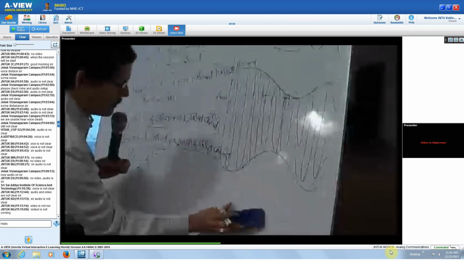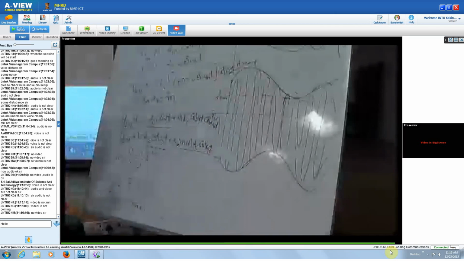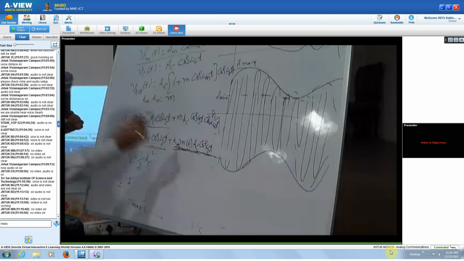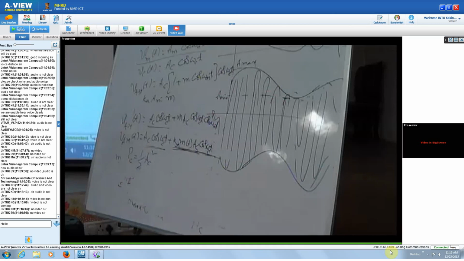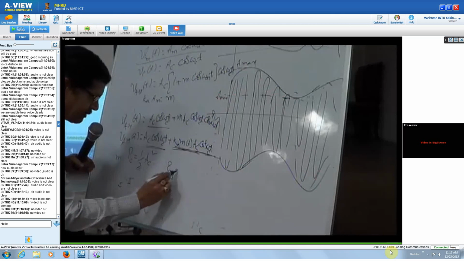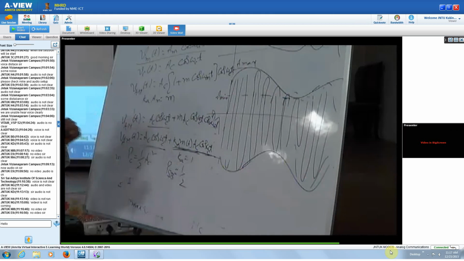Here there is no cos omega m of t, because I have put m of t, so m of t cos omega_C t. So what will be the power in this sideband? Because this is multiplied with cos omega_C t, this is the magnitude, so half of the average value of the signal. So your sideband power will be equal to half of A_C m of t average square. I will assume that K equal to 1, the amplitude sensitivity I am assuming to be equal to 1.